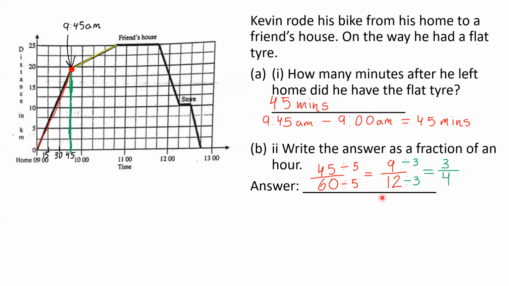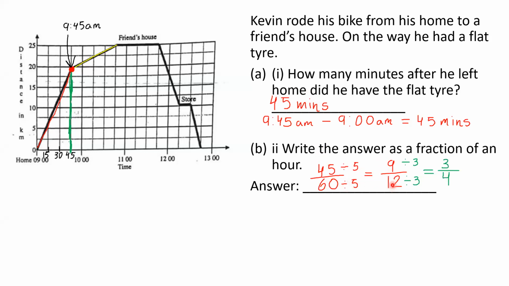Okay. How many minutes in an hour? 60 minutes, right? And they say write your answer as a fraction. We got 45 minutes from the first question. So we put 45 over 60, because it's 45 minutes at the top and 60 at the bottom. Then we divide top and bottom by 5. 45 divided by 5 is 9, and 60 divided by 5 is 12.